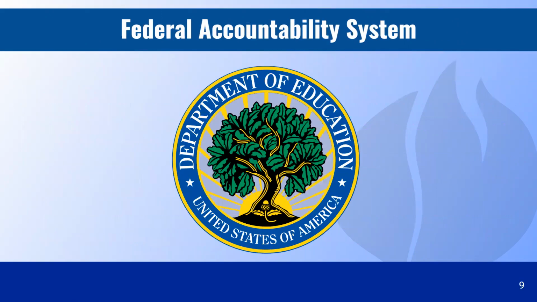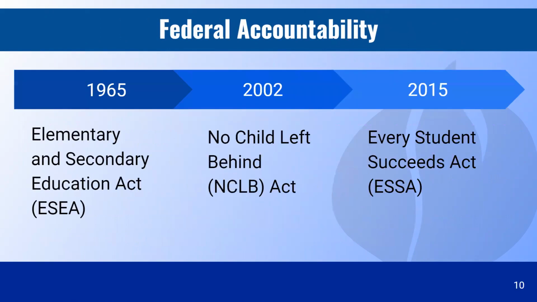Until this point in the video, we've been summarizing the state's accountability and continuous improvement system under LCFF. Another element of our accountability system comes from the U.S. Department of Education. In addition to LCFF state accountability, which drives our state accountability and support system, we also have a complementary federal accountability system established as part of the Every Student Succeeds Act, or ESSA, signed by former President Barack Obama in 2015.